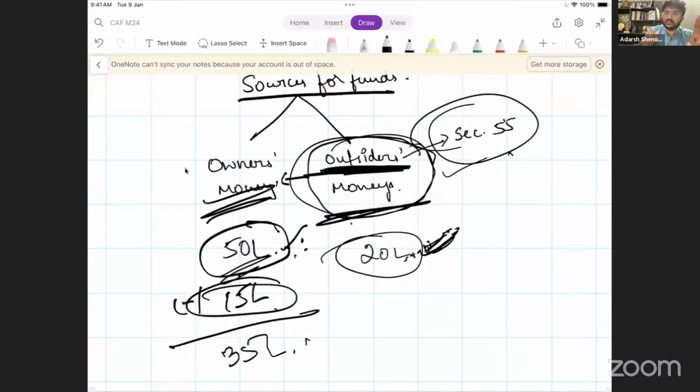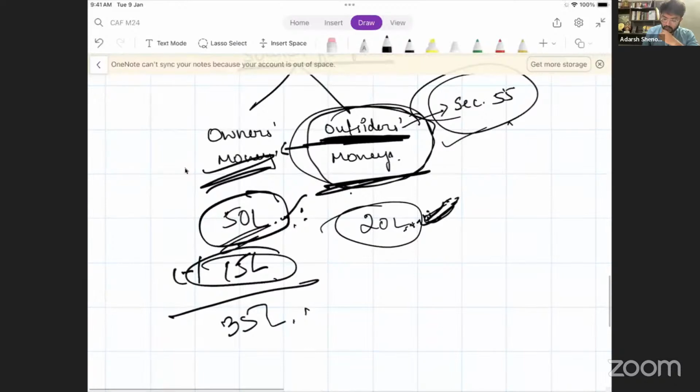The legal sequence is outsiders first, then insiders. But now in the case of redemption of preference shares, you're repaying the insiders directly. Business is not being closed, but in between the business, you're repaying them the money. So we need to protect the interests of the outsiders.